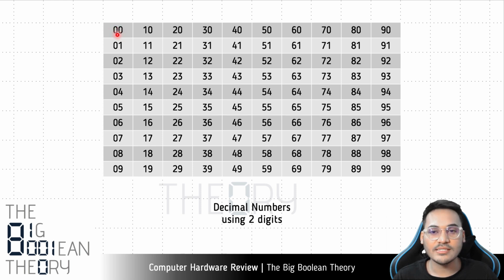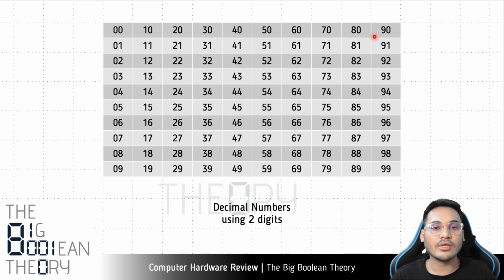So there are two places, and the first place we will fill with all the possible digits, and then again for all those combinations we will fill the second digit again with all the 10 possible combinations. So you can see from 0 to 9 we go vertically, and we also go from 0 to 9 horizontally. So using two digits we are able to represent 100 numbers, 10 into 10, 10 to the power 2.